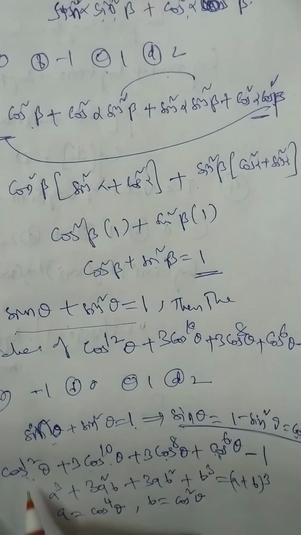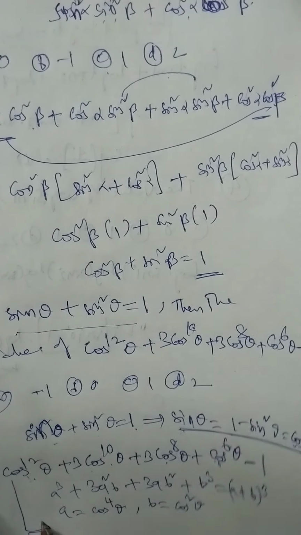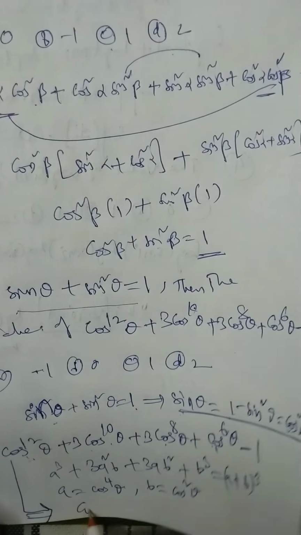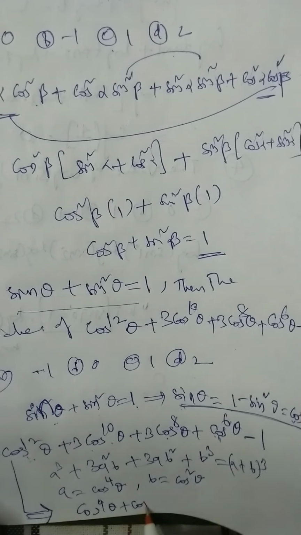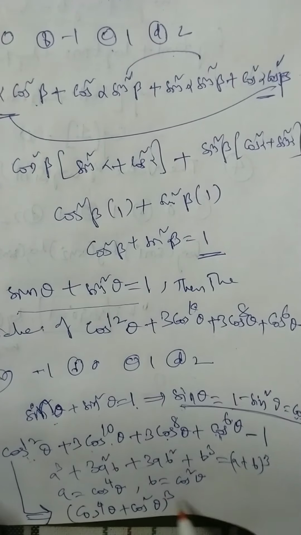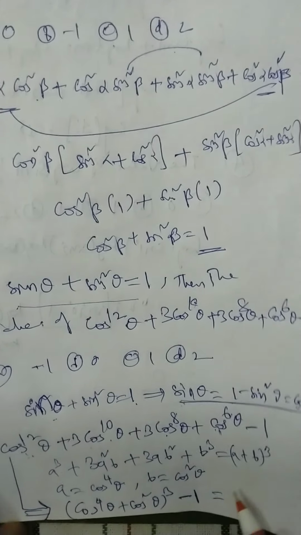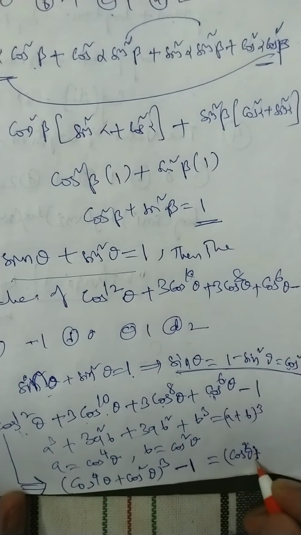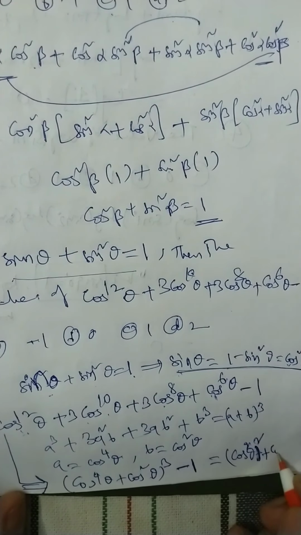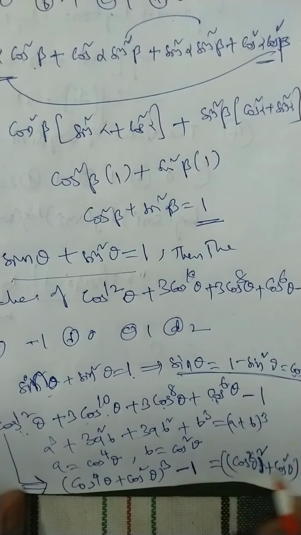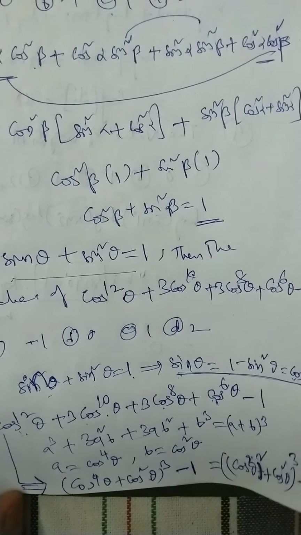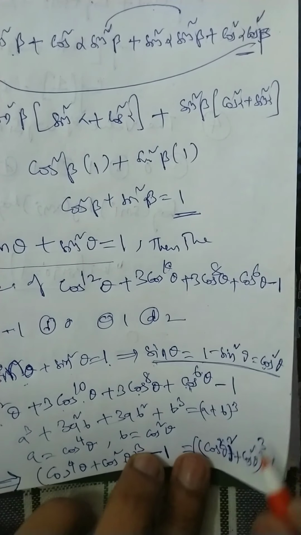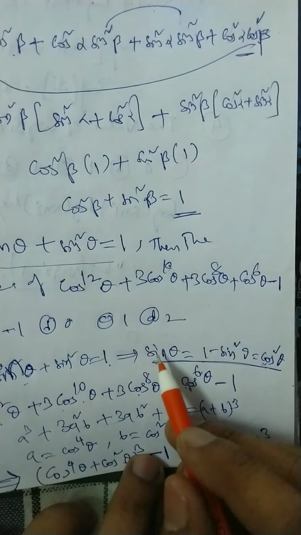So we can write our expression here as cos to the power of 4 theta plus cos square theta whole cube minus 1. So here cos power 4 theta plus cos square theta is there. Cos power 4 theta can be written as cos square theta whole square, plus cos square theta whole cube minus 1. And you have noticed that cos square theta value is sin theta.